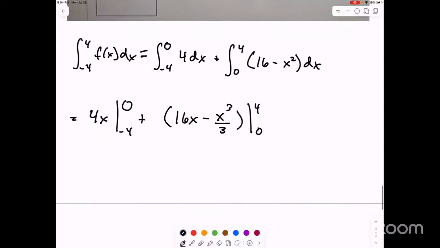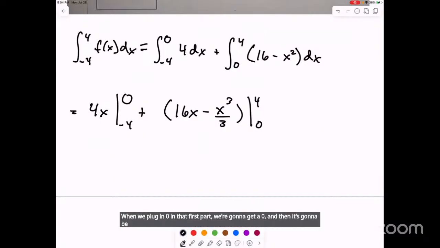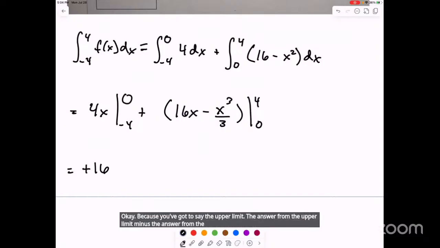Okay, so now we have several calculations that we need to do. When we plug in 0 in that first part, we're going to get a 0, and then it's going to be minus. When we plug in -4, we'll get a -16, so it'll be a double negative becomes positive. Because you got to say the answer from the upper limit minus the answer from the lower limit.